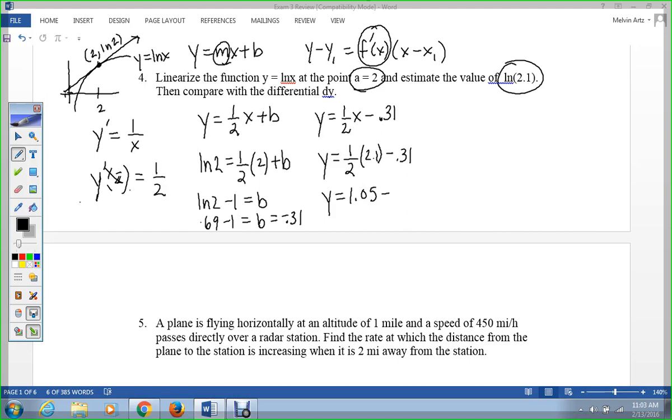So minus our 0.31. And so if we subtract 0.31, we get 0.74. So we use the equation of the tangent line to estimate the value of the natural log of 2.1.